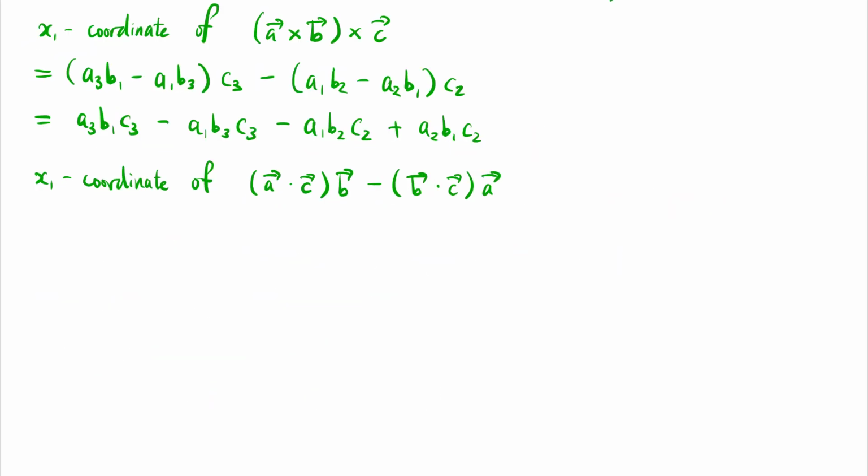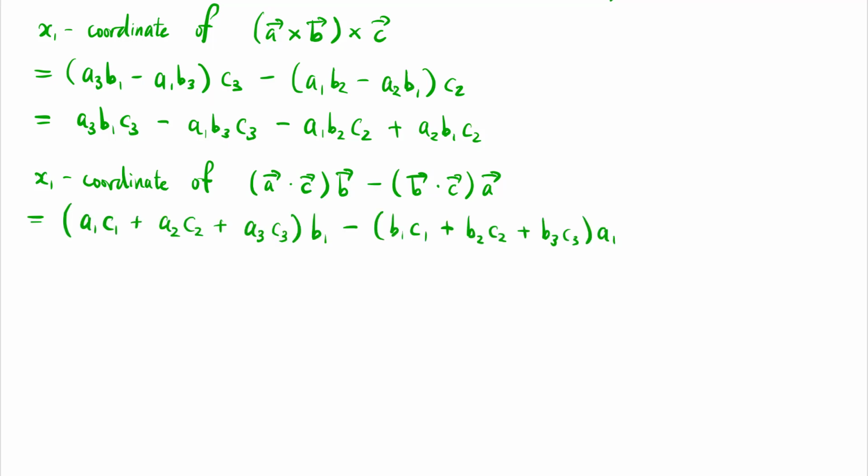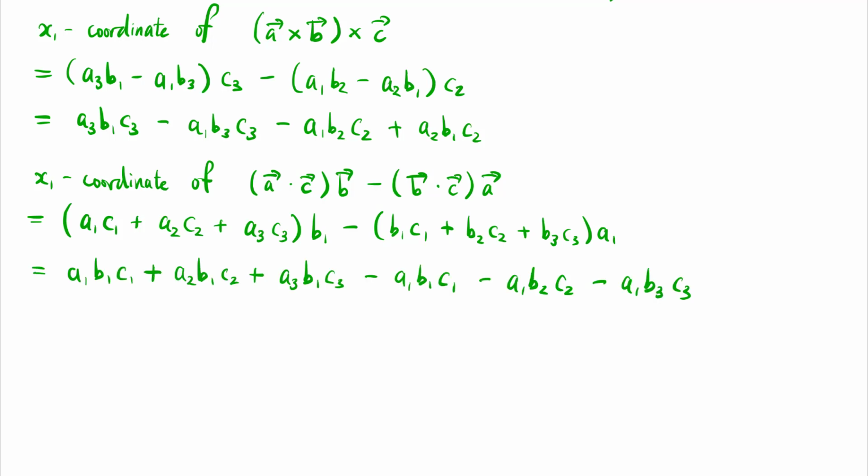On the other hand, the x1 coordinate of (A dot C) times B minus (B dot C) times A equals (A1C1 plus A2C2 plus A3C3) times B1 minus (B1C1 plus B2C2 plus B3C3) times A1. This equals A1B1C1 plus A2B1C2 plus A3B1C3 minus A1B1C1 minus A1B2C2 minus A1B3C3.